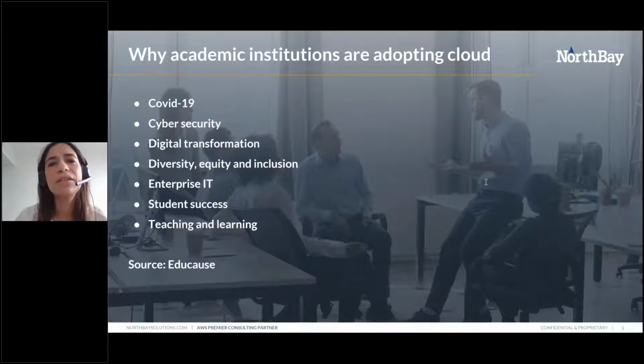Another key differentiator for the cloud is innovation. Schools want the flexibility to explore and experiment with new systems in a way that is simple and cost adaptive. With this new normal, innovation has become an even higher priority as universities realize they could no longer rely on traditional systems or delivery methods used during in-person instruction.